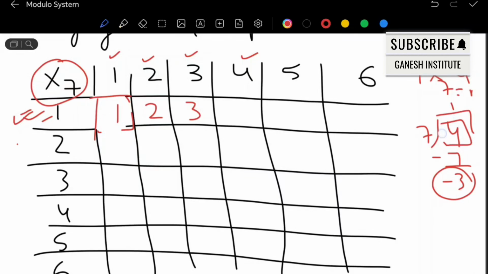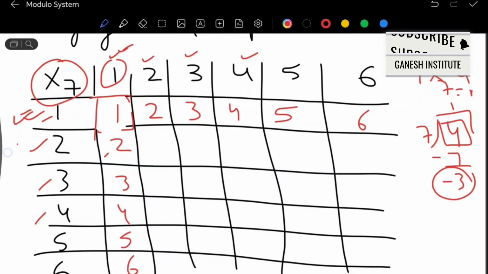You leave it at this step. So 4. 5 ones are 5, 6 ones are 6. Similarly, you get the same elements in this row: 1, 2, 3, 4, 5, 6, right?